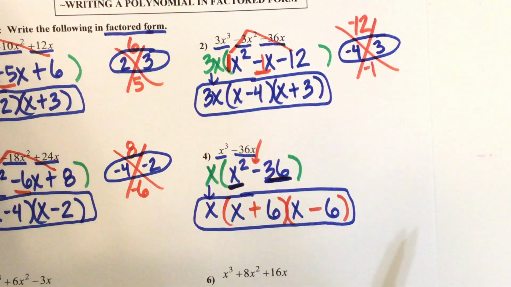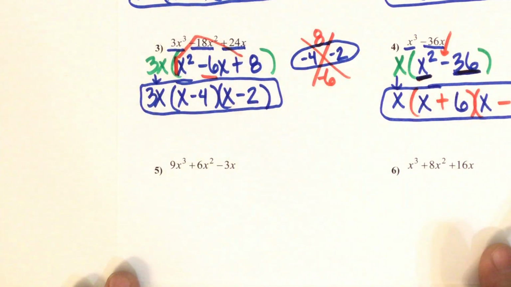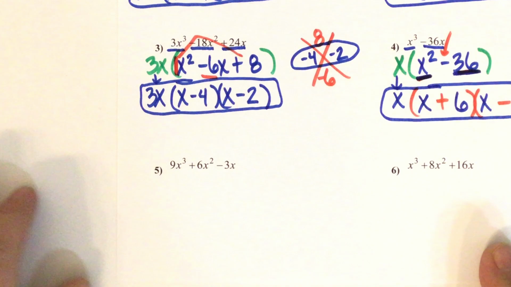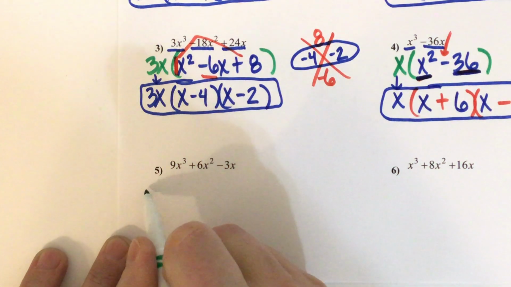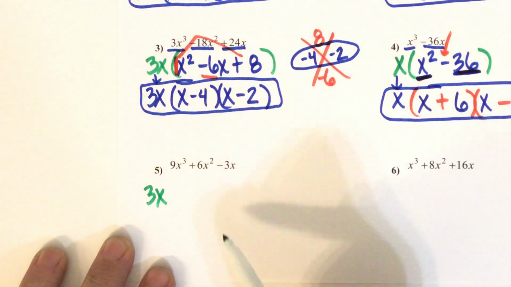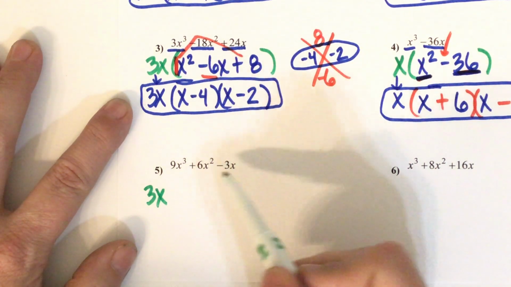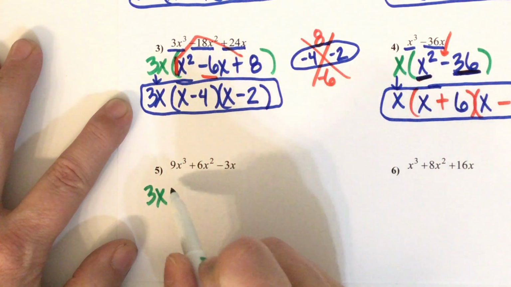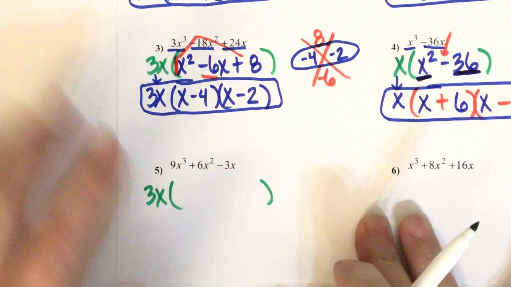Okay, number 5. First rule, GCF. Do we have one? Yep, it's another 3x. 3 is the biggest number that can divide into 9, 6, and 3, and they all have an x. Okay, let's build our parentheses and let's get it back.